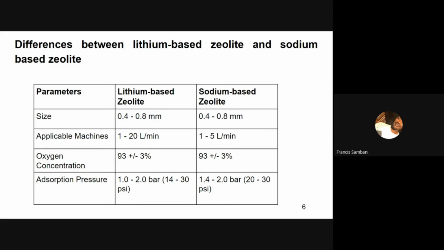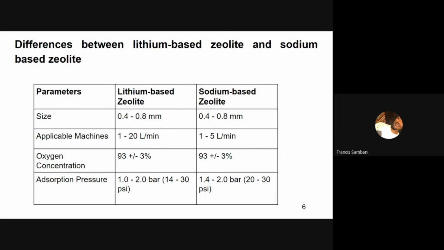But they also have another difference between these two. The other difference is that lithium-based zeolite has a nitrogen to oxygen selectivity level of almost 2 times higher than that of the sodium-based zeolite. So the nitrogen to oxygen selectivity level can be thought of as the amount of nitrogen the zeolite can absorb compared to oxygen.